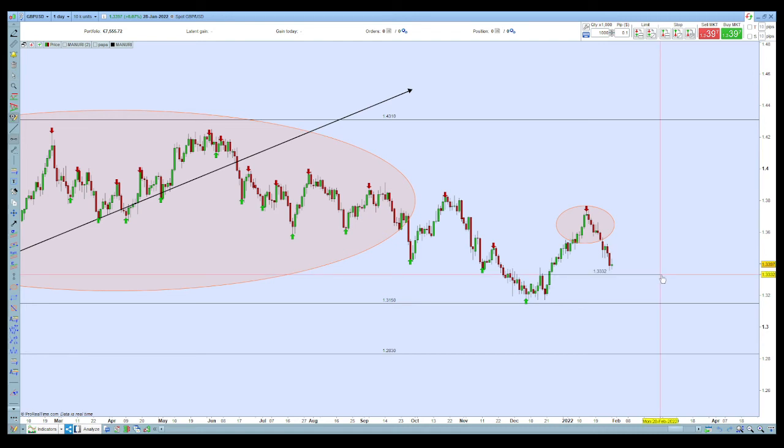Okay, looking at the minor support, if the market probably hits this support and doesn't break it, you can maybe see a short-term correction in this area. Okay, and after probably we're going to see the market going down again.